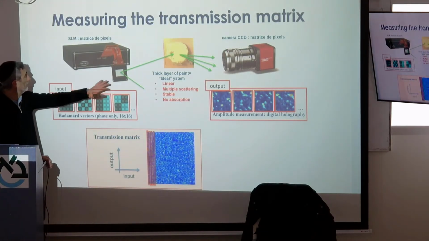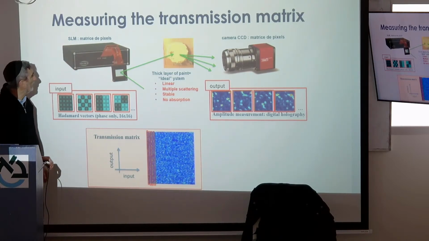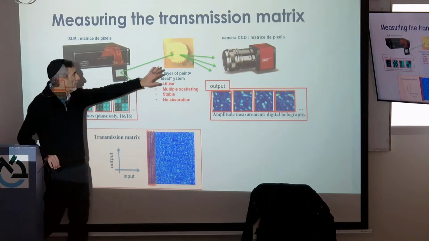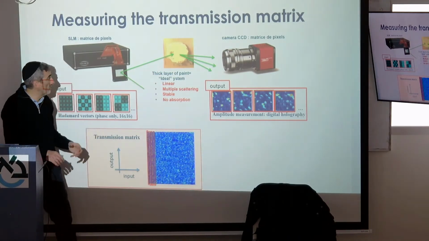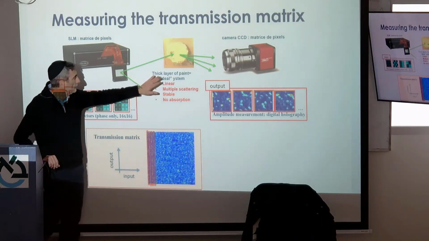They use again a spatial light modulator based on liquid crystal, with millions of pixels here, and they use a CCD camera, and that's the sample, which is like a block of paint, which is strongly scattering, so it's a thick layer of paint.